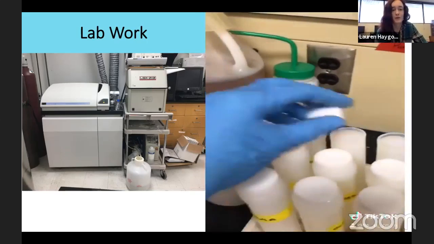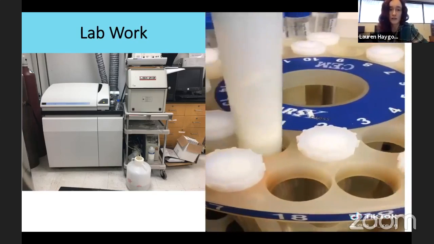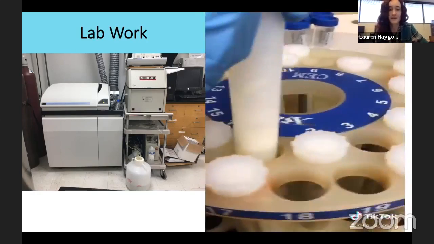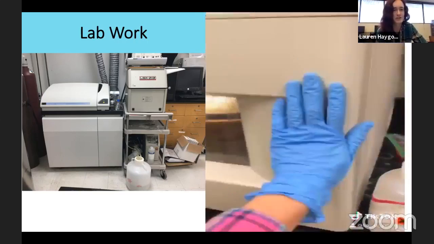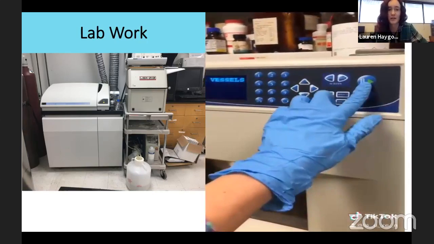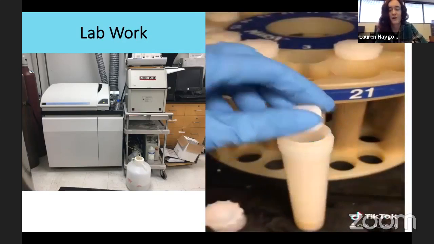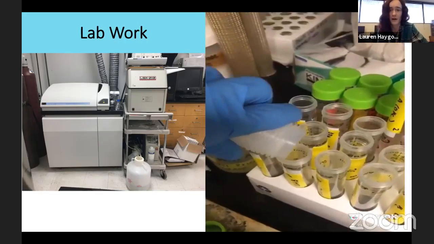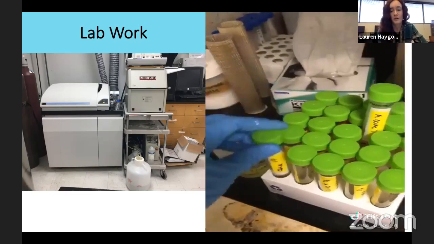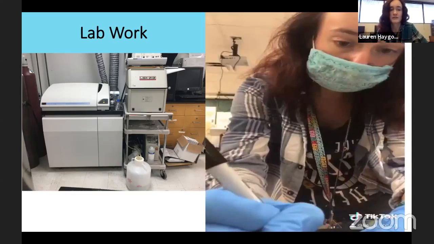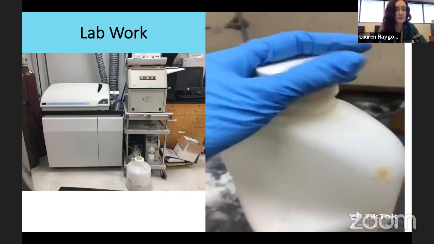And the microwave that we use isn't one that we microwave food in. This one can go up to like 200 degrees Celsius. And so we microwave our samples at around 175 degrees Celsius. We wait for them to cool down because they're really hot when they come out. And we can pour them all out. And we basically have just liquefied our solid samples.